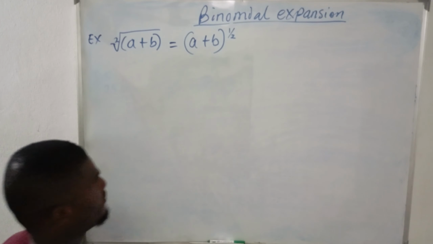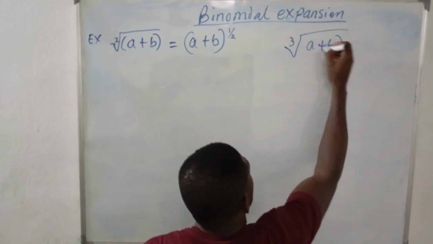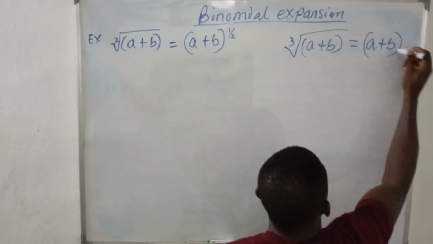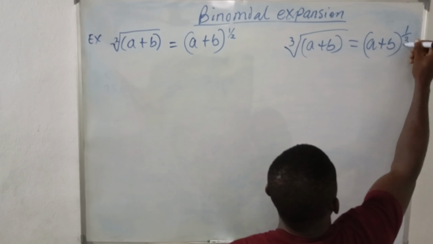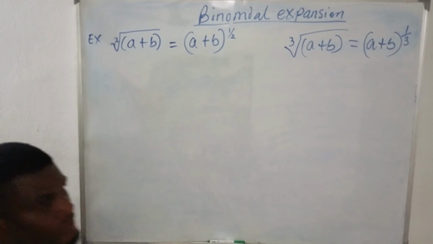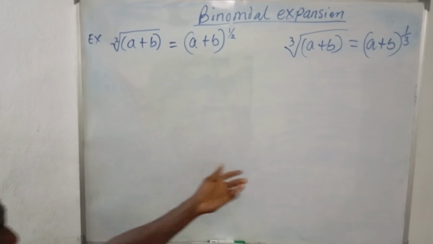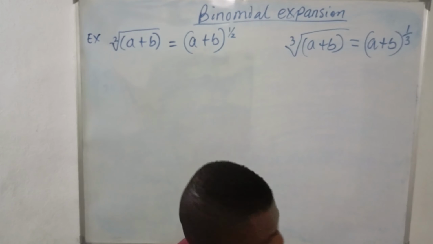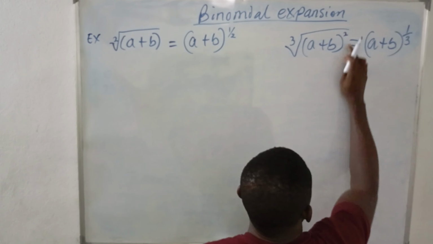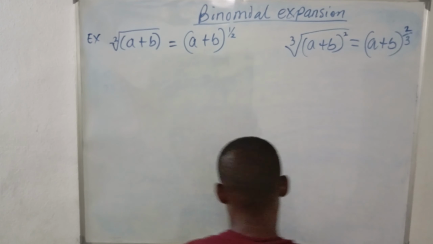So if you have a cube root, this will be written as a plus b to the power of 1 over 3, because the power of the root forms the denominator of the fraction of the power. And if there is another power here, like 2, that power will be reflected at the numerator.